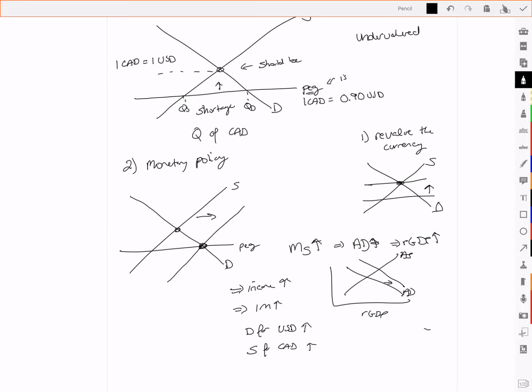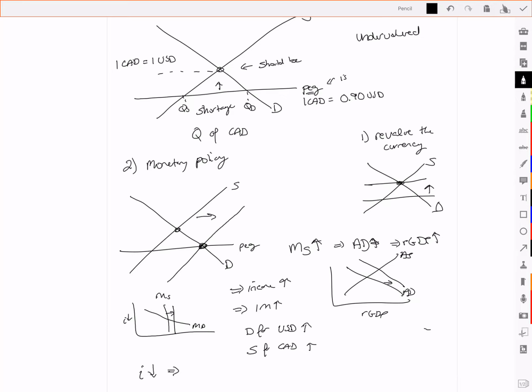And that gets us back to the peg. Okay. The other part we can look at is the other part of monetary policy, which is interest rates. And when the money supply increases, what happens to interest rates? Interest rates go down.